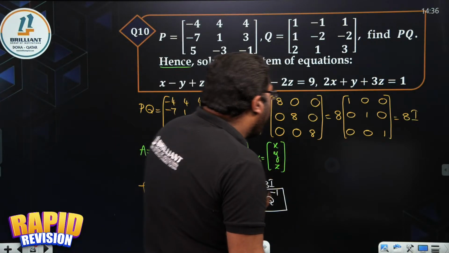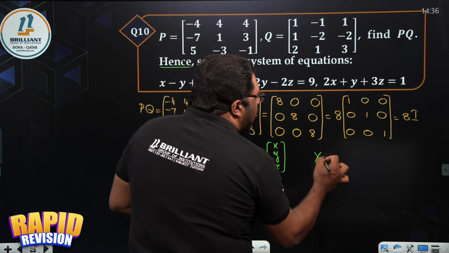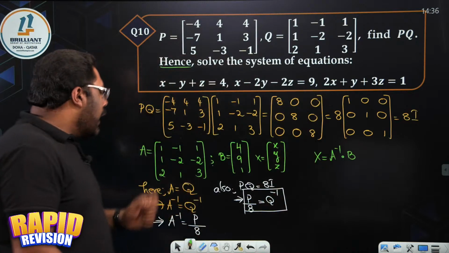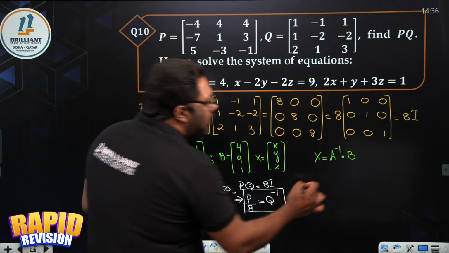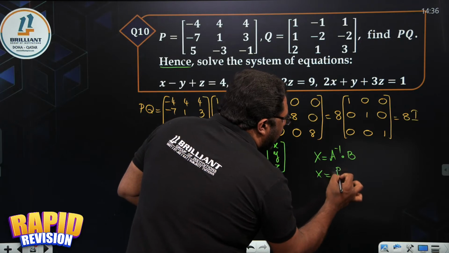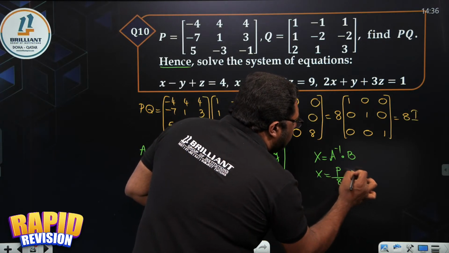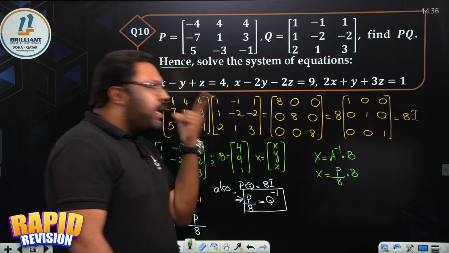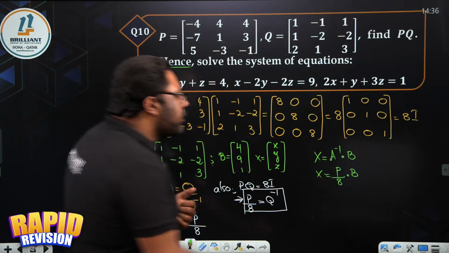Use that and solve. X is equal to A inverse into B. And A inverse is P by 8 into B. And we know what is P, we know what is B. Multiply it.